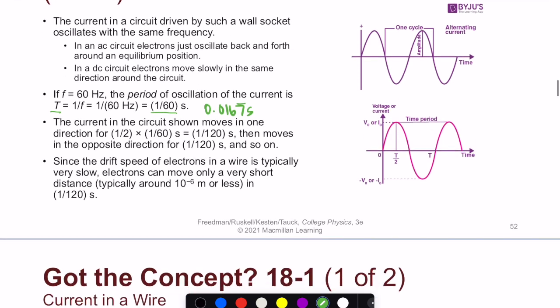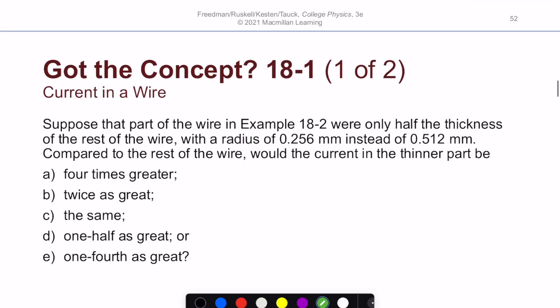So let's take that idea and look at this conceptual question. Suppose that part of the wire in the flashlight example was only half the thickness of the rest of the wire.